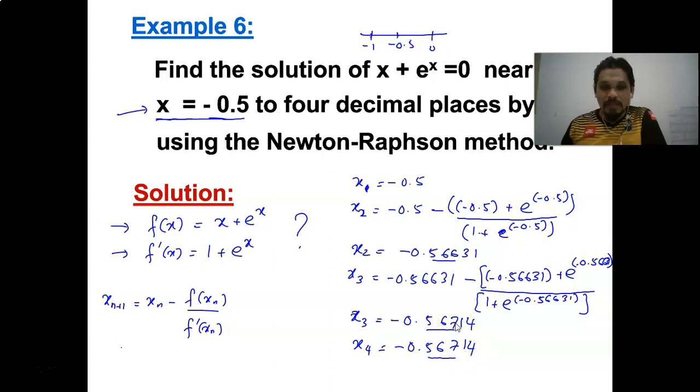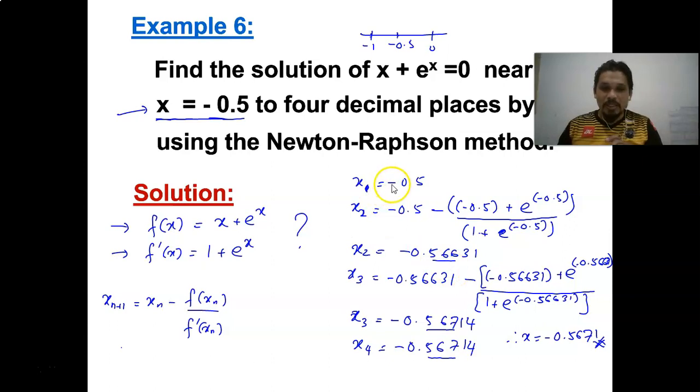We recall the number 7 here, and also here the 1 did not change to 7 or become 8. It remained at 0.56714. So in this case, we come up with the conclusion that the root is negative 0.5671.